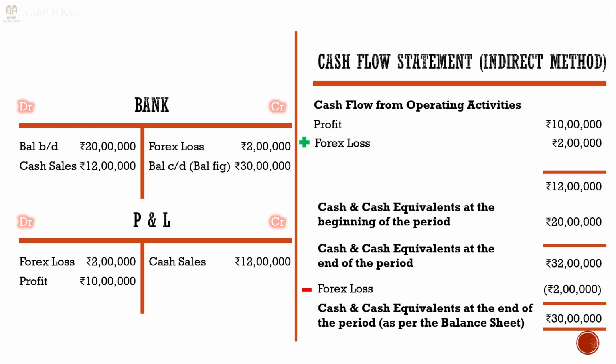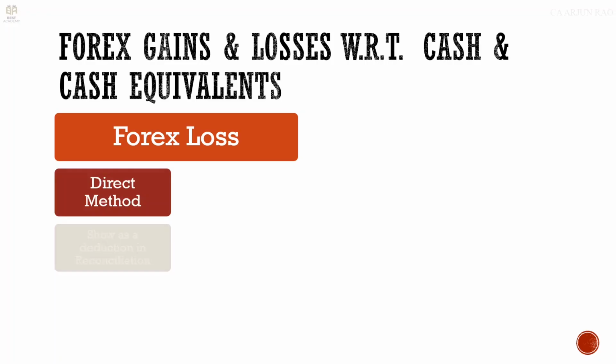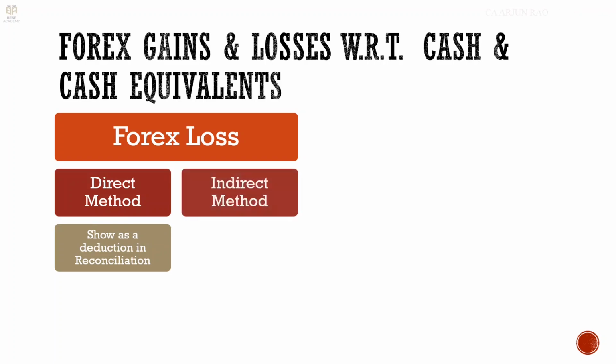So let's quickly summarize foreign exchange gains and losses with respect to cash and cash equivalents. If it is forex loss, in direct method, we just show it as a deduction in reconciliation, that is at the end of the cash flow statement. In indirect method, as part of the cash flow statement, we first make a P&L adjustment.